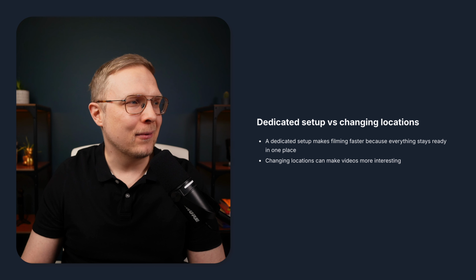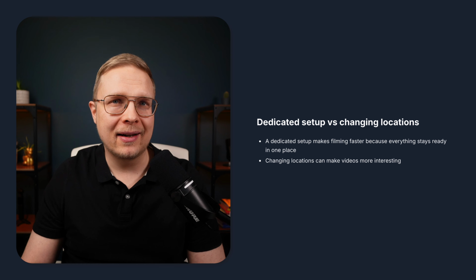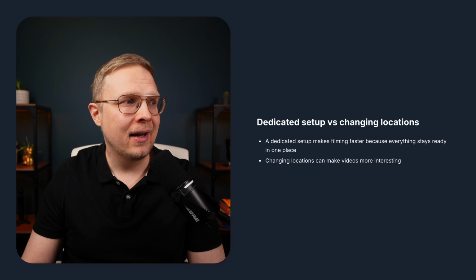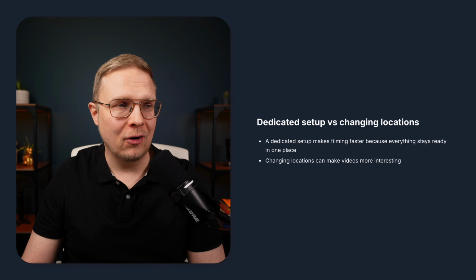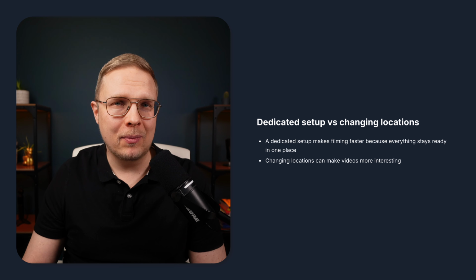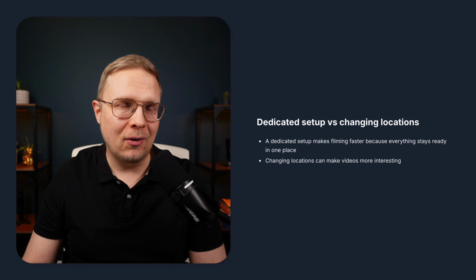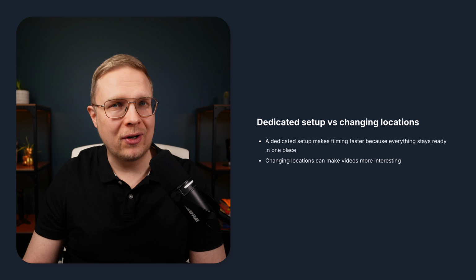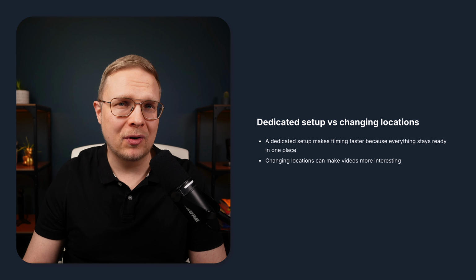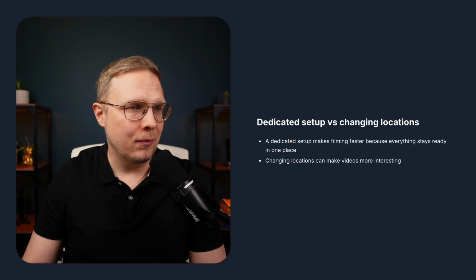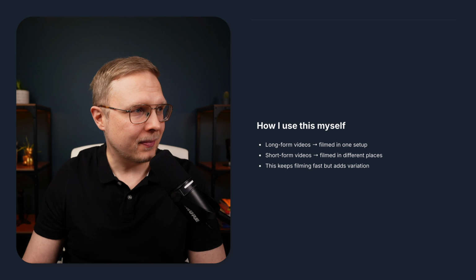And one more thing about dedicated setups versus changing locations. The dedicated setup makes filming much faster because everything stays ready in one place. But on the other hand, when you change location, that can make videos more interesting and that will add variation.